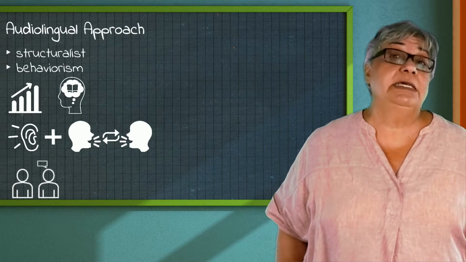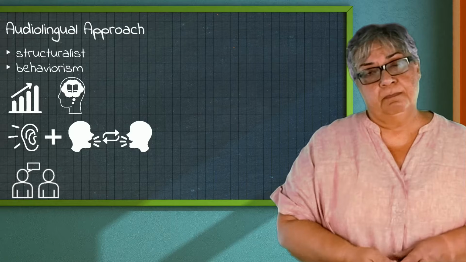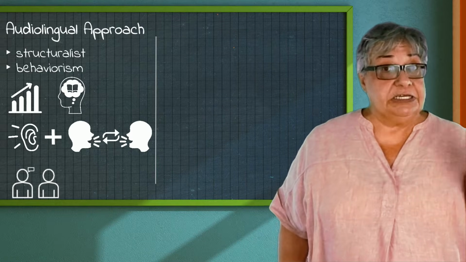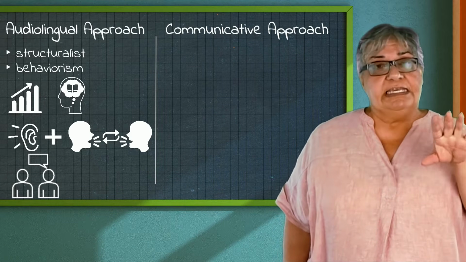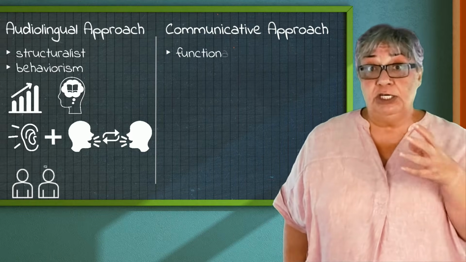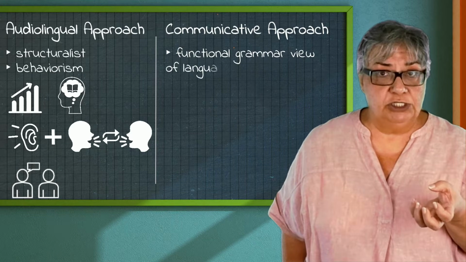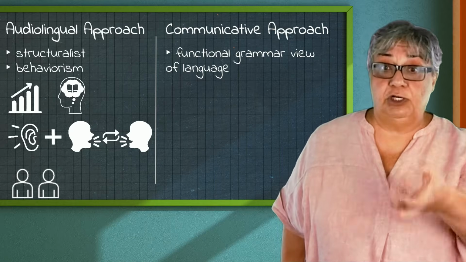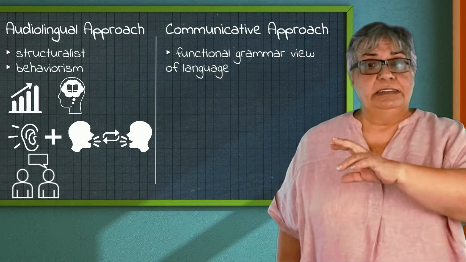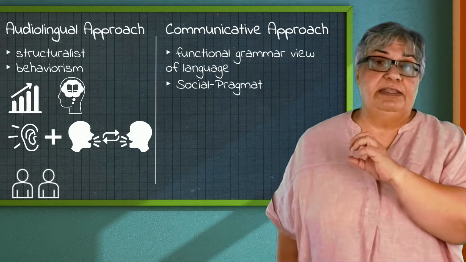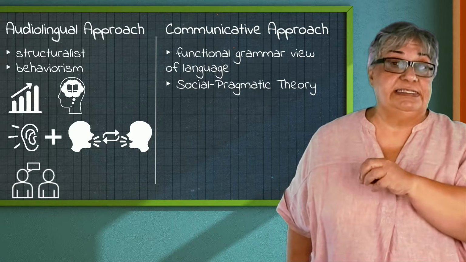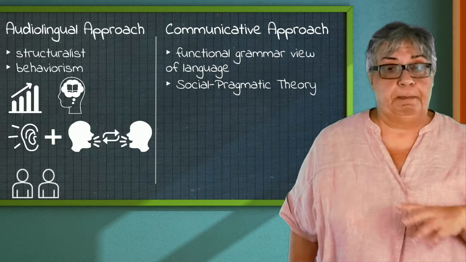The techniques that this method uses include listening and repeating, oral drilling to achieve a high level of accuracy of language forms and patterns. On the other hand, the communicative approach is based on the functional grammar view of language, so the theory is the functional grammar, and the social pragmatic theory as the basis of its psychological theory.